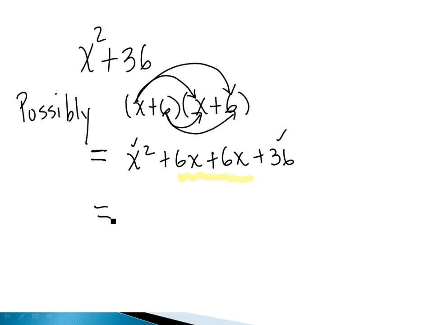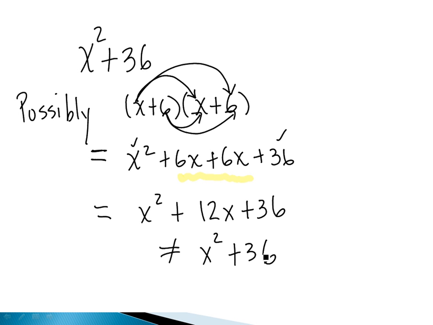So really, these factors were the factors to x squared plus 12x plus 36, not the factors to x squared plus 36. So therefore, we're proving that x plus 6 times x plus 6, those factors are not factors for x squared plus 36, the sum of squares. So we rule this as not factorable.